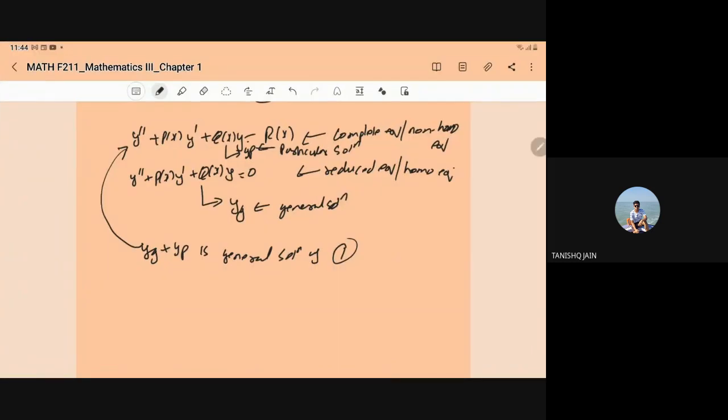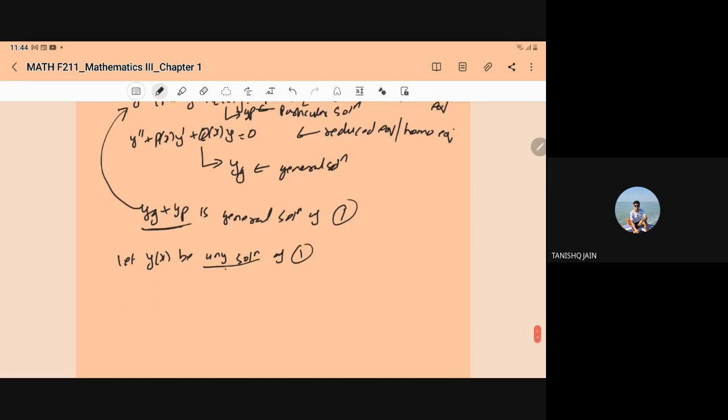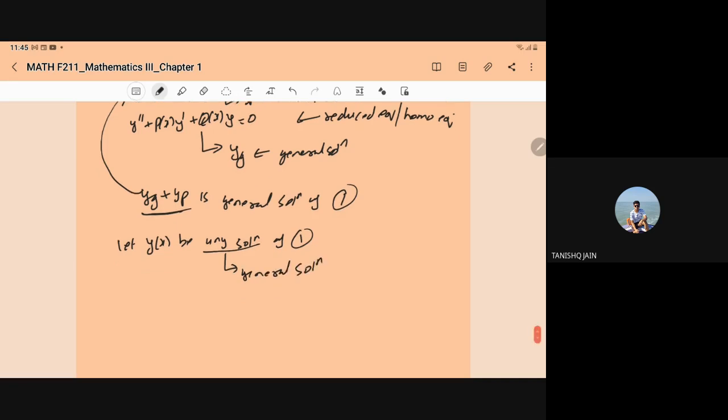I'm claiming that Yg plus Yp is the general solution. So instead of assuming that, we assume let y(x) be any solution of the first. If I say any solution of the first, it is a general solution. But what I am writing is that Yg plus Yp is the general solution.